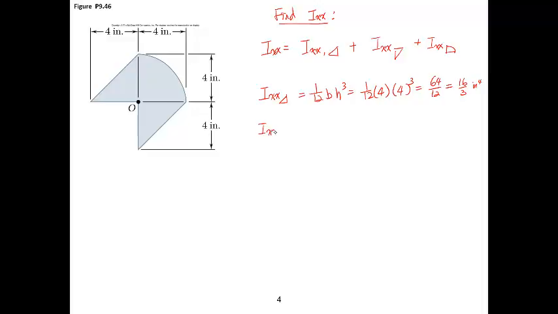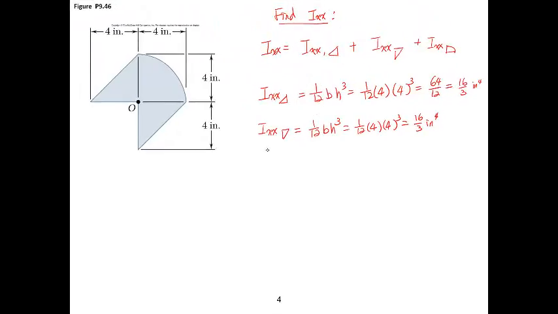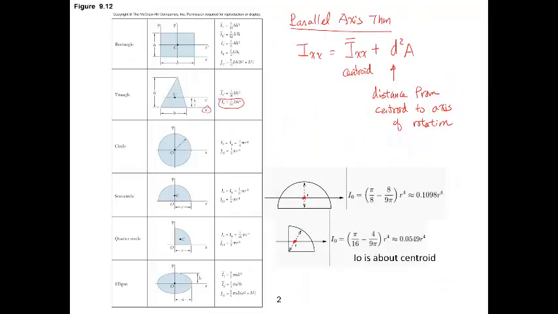Let's look at Ixx of this particular triangle. It's a triangle again, so it's the same thing. It's 1/12 times 4 to the cube, so it's 16 over 3 inches to the fourth power. How about Ixx of this piece? Again, go back to what we had. It's equal to 1/16 pi r to the fourth.